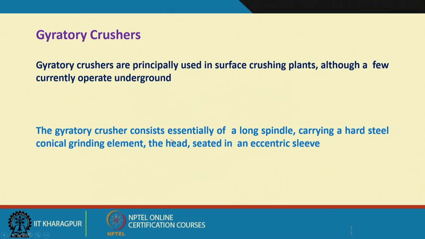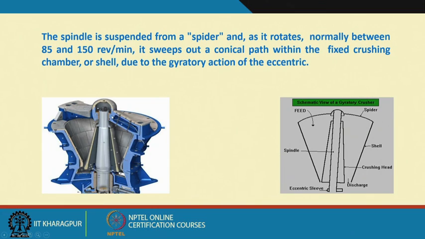So, the gyratory crushers consist essentially of a long spindle carrying a hard steel conical grinding element, the head, seated in an eccentric sleeve. So, that is the mechanical aspect of that. The head is here, and it is basically helping it to rotate.